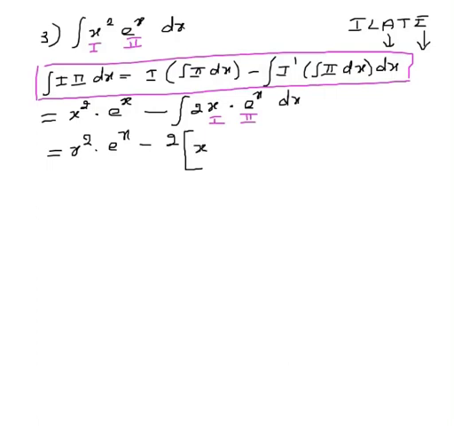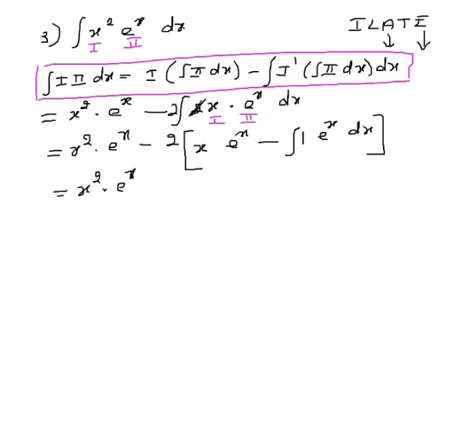First function into integral of the second function minus integral differential of the first function. This 2 has been taken out. Differential of the first function is 1 into integral of the second function dx. I told you we will write 1c at the end.